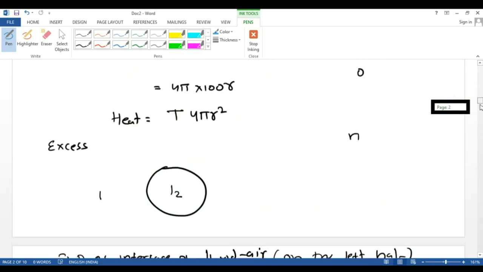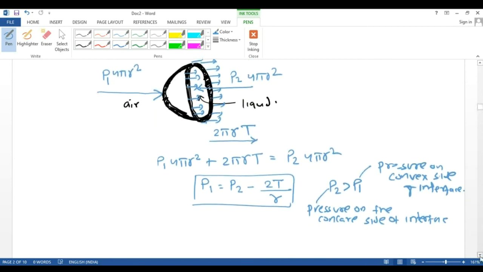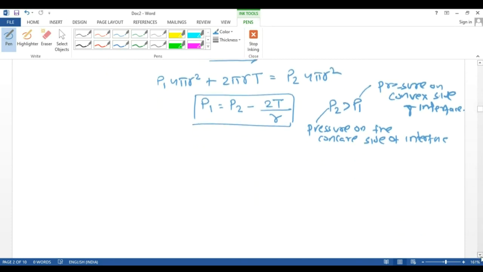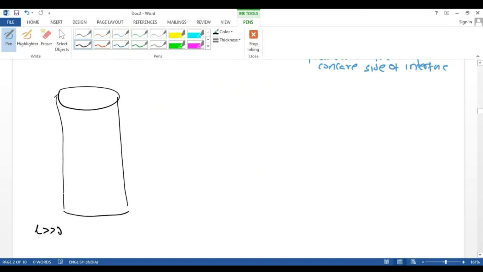Now if I was doing the same thing for, let us say, a cylindrical surface, right? So let us say that we have the cylinder, a long cylinder, which means L is very, very large compared to R, and we ignore the edge effects.